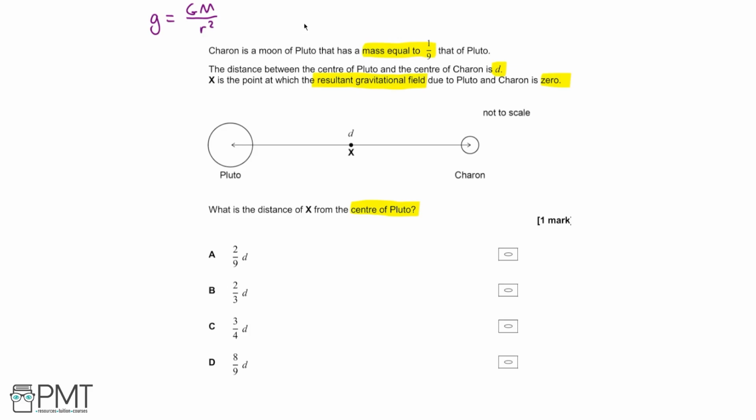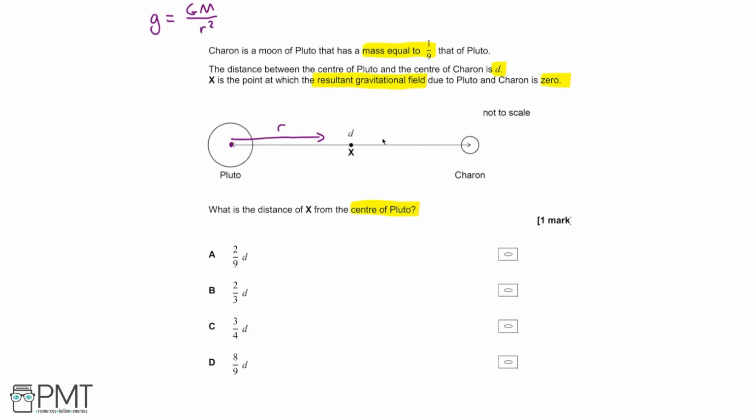So in order to do that, we're going to write an equation which relates these two gravitational field strengths at the point X. Specifically, we're going to start by defining the distance r from the center of Pluto. So somewhere along here, we have r, and r can be anywhere along this line between Pluto and Charon.